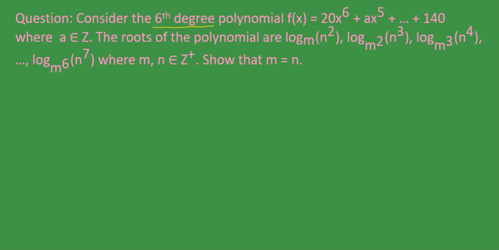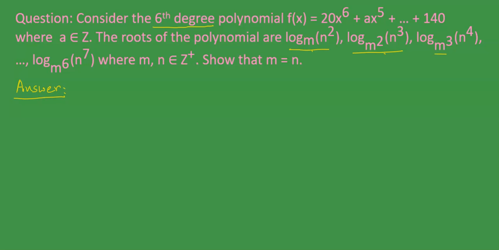Okay, so let's start answering. Now, first thing that we notice is that the roots are having different bases. The first one is to the base m, the second is base m square, the third is base m cube.